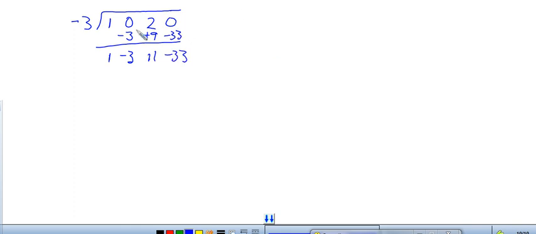So my answer turns out to be, this is third degree, so my answer will be second degree. 1x squared minus 3x to the first plus 11, and then we have a remainder of negative 33 over x plus 3.